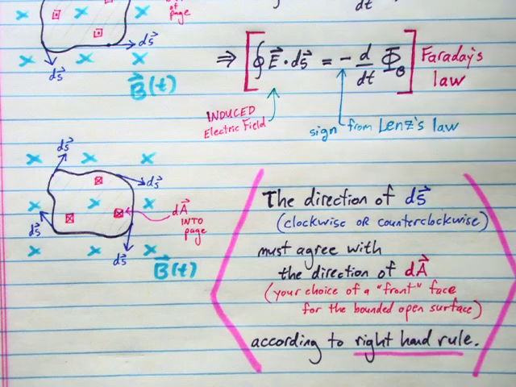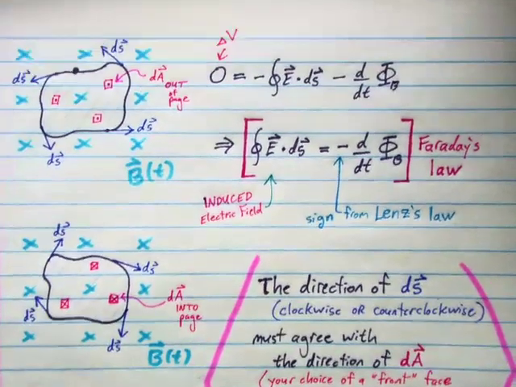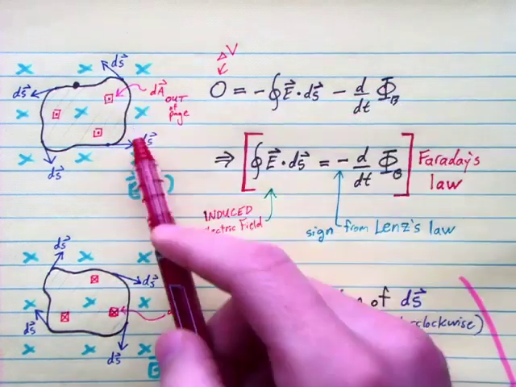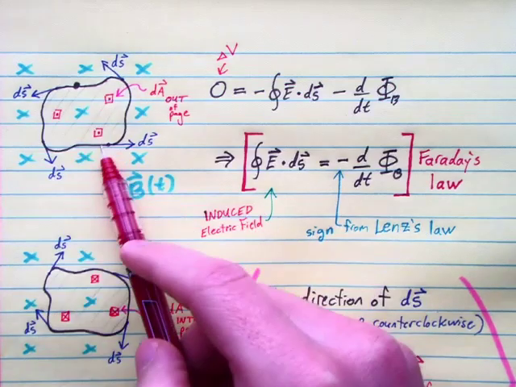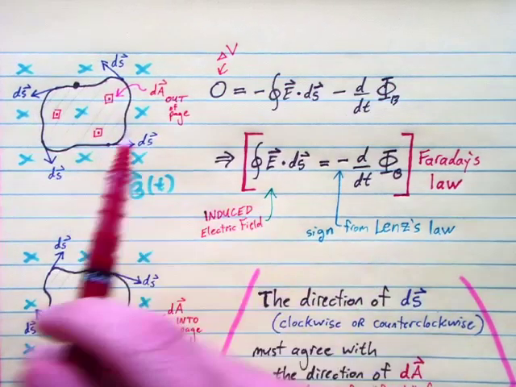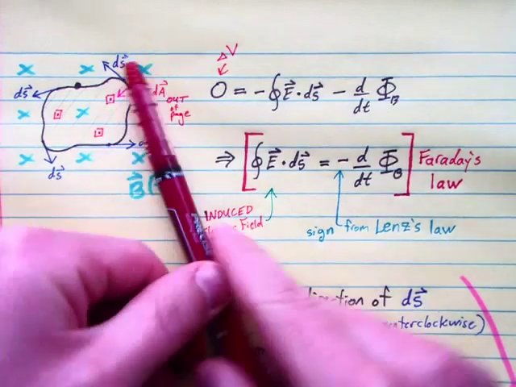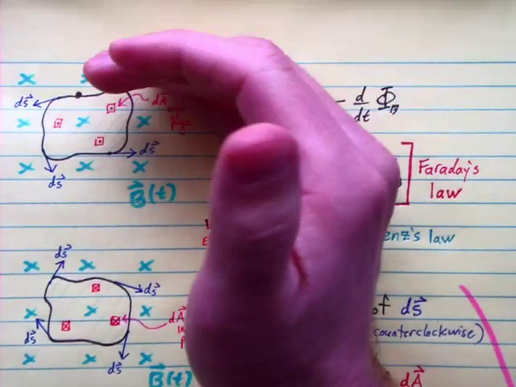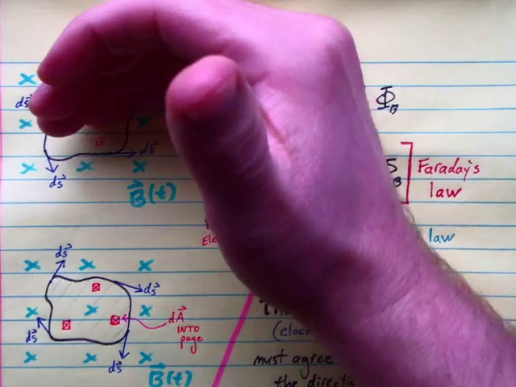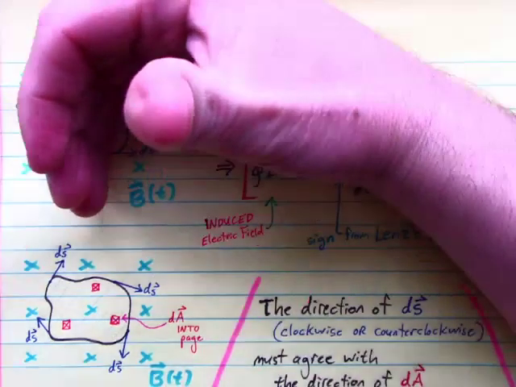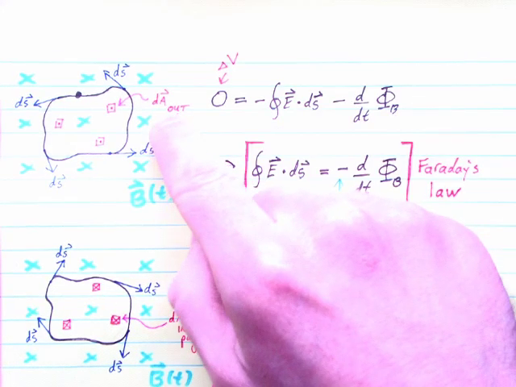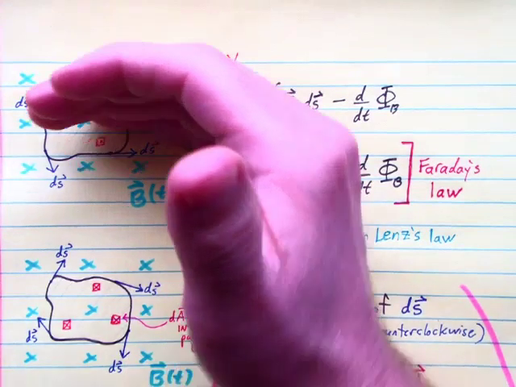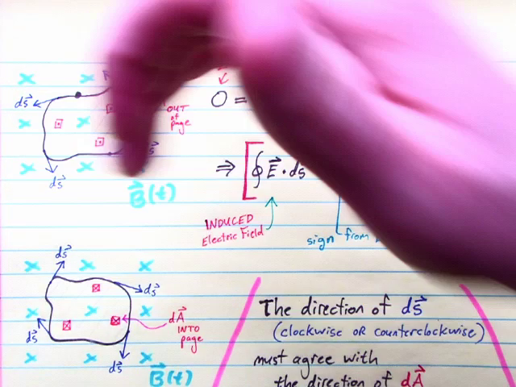So here's another application of the right-hand rule. Let me explain. Look at these two pictures here. If we're going to choose this path and integrate in a counterclockwise way around it, so our ds's point tangent to the path counterclockwise, then take your right hand, curl your fingers in the direction of the ds's, and your thumb points in the direction that you must choose for dA. dA must be out of the page if your ds's are counterclockwise.